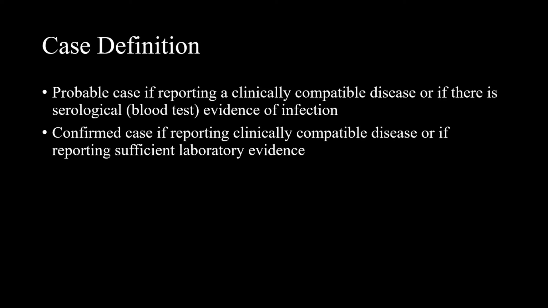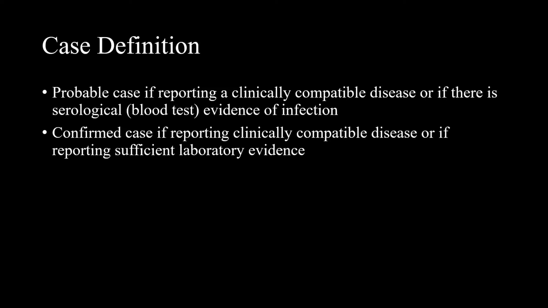I'd like to move on to the case definition here, which is a little bit confusing, and there isn't much differentiating between the probable and confirmed case, but for a probable case, it would be if you report a clinically compatible disease, so sort of anything in the range of the spotted fever group, tick-borne illnesses, or if there is a blood test done with evidence of the actual infection, so a blood test looking for the antibodies.